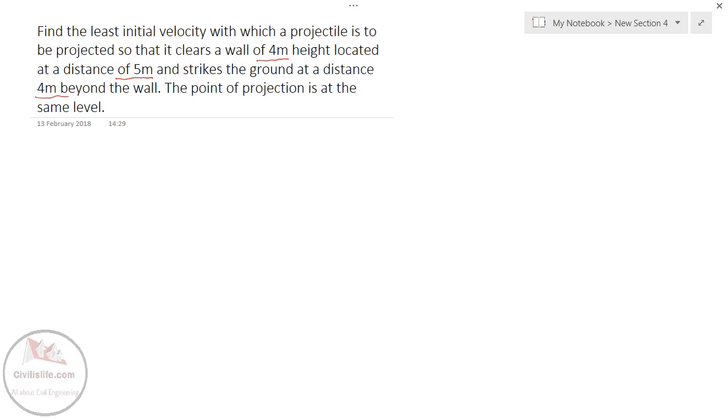So let's draw a visualized figure, this one. Let us consider the same level horizontal ground and consider this as the point of projection as A, and consider another point B as the point of landing.